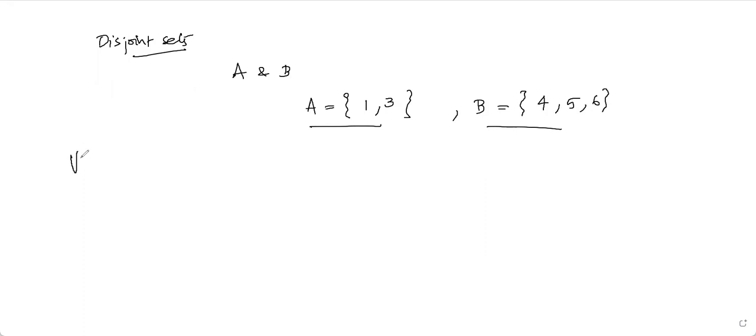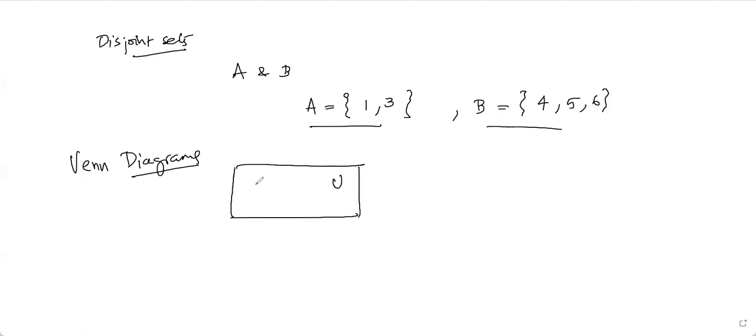Now further, let us look at Venn diagrams. A Venn diagram is a pictorial representation of a set in which sets are represented by enclosed areas in the plane, and the universal set, which is U, is represented by the interior of the rectangle. So let me represent the universal set, and this is A and B. Now here, this is a Venn diagram.